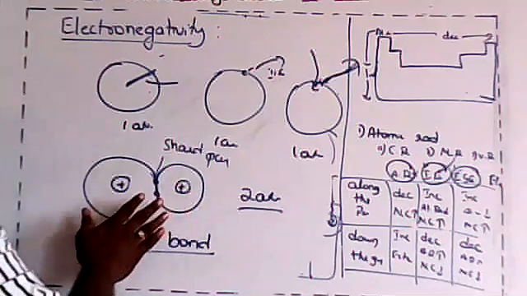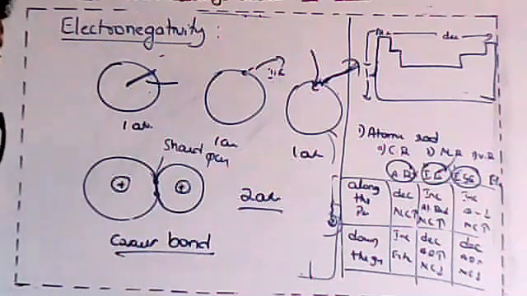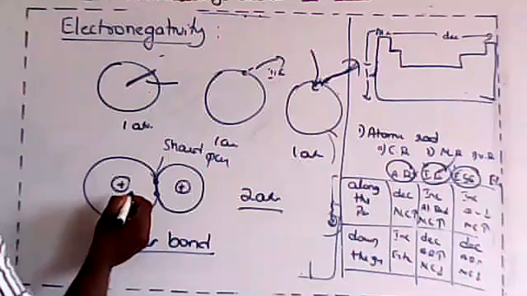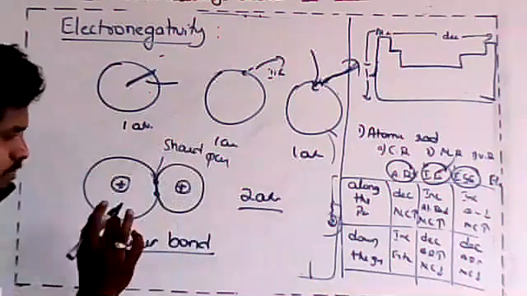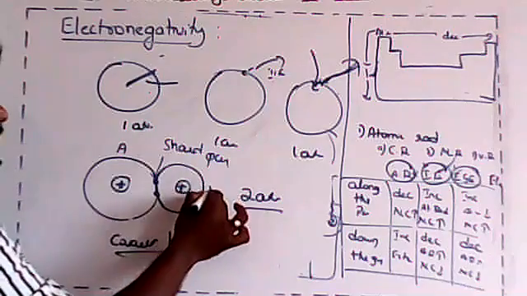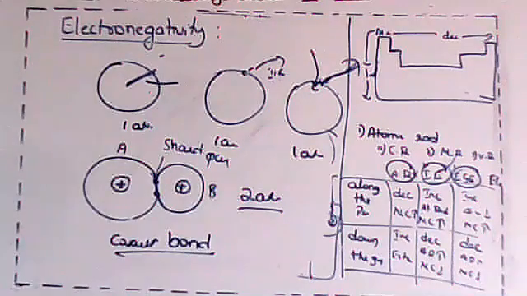Let me ask you one simple question, dear students. Imagine this nucleus and this nucleus have almost the same power. If this is A and B, can you tell me which has more capacity to attract the pair of electrons? Can anyone reply and tell me between A and B which might have more power to attract?